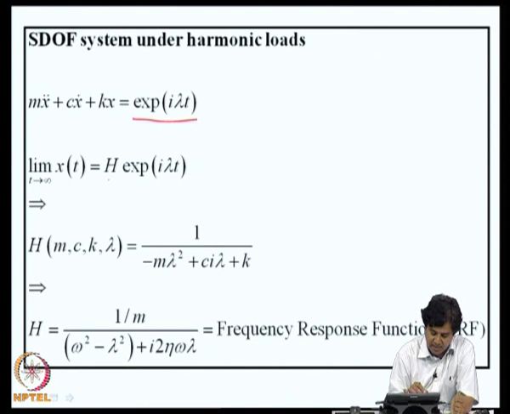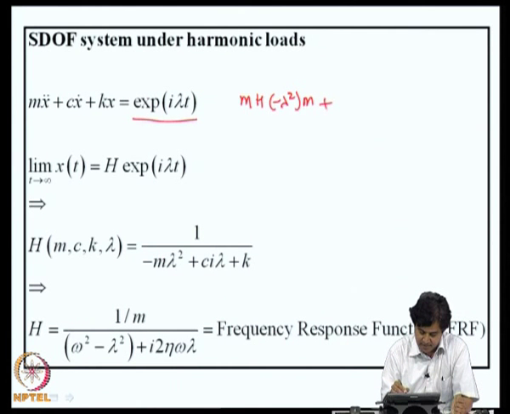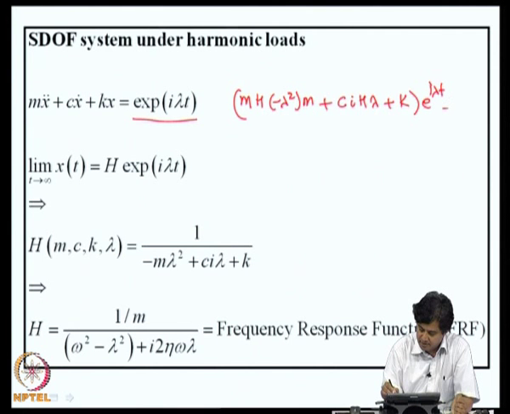So, we assume the solution to be of this form, and if we substitute it into this equation, what we get is (minus lambda square m plus i lambda c plus k) h e raised to i lambda t equal to e raised to i lambda t.